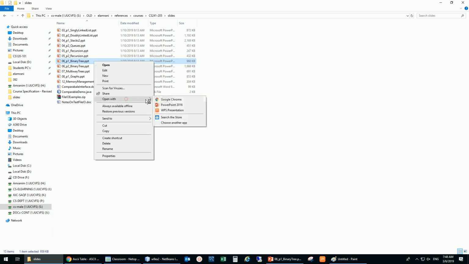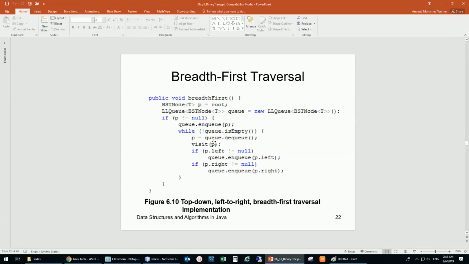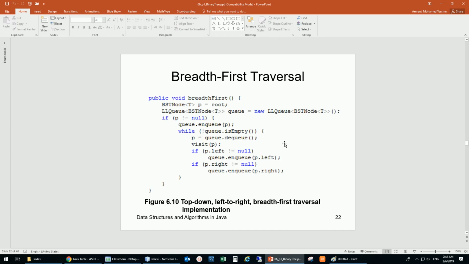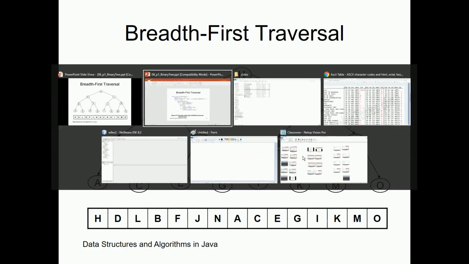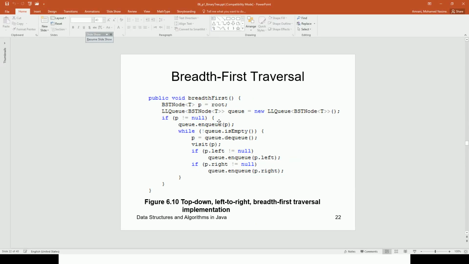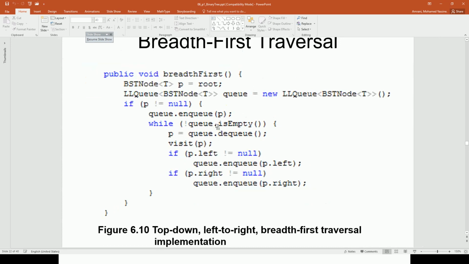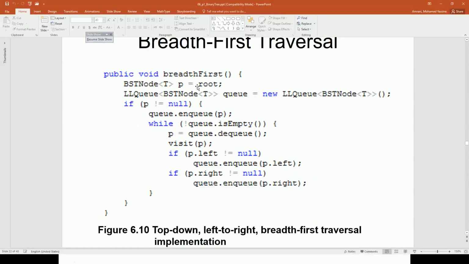Can I open it twice with PowerPoint? No. Okay, so I'm going to do it a different way. This is like this, and this is like that. Now I'm just going to make use of this. This might be better. Okay, because I will also get my pen here. So now let's get started.